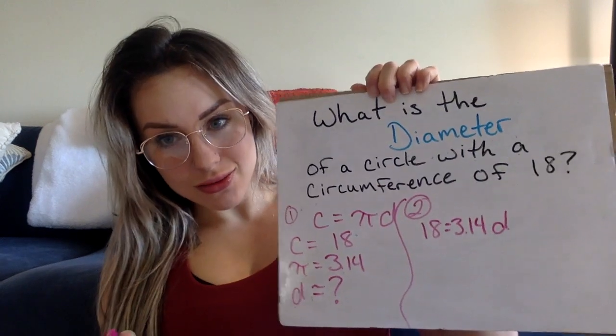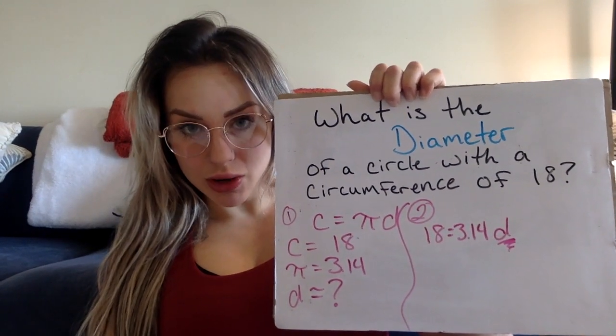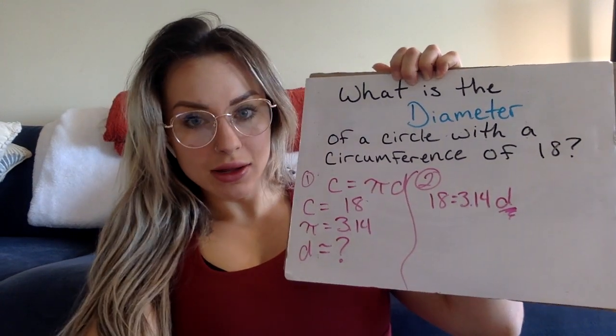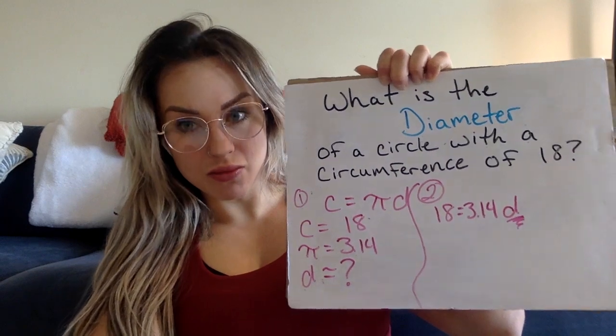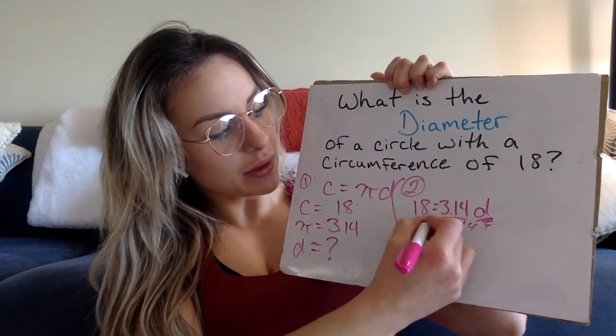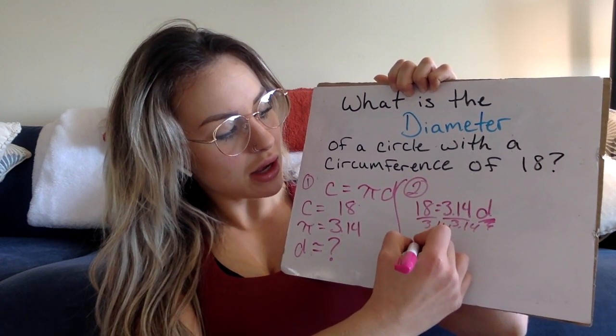So now we have to get this d alone, right? So what we're going to do is we're going to divide both sides by 3.14 because we got to divide it on this side, which means we have to divide it on this side, which gives us, let me figure that out here.